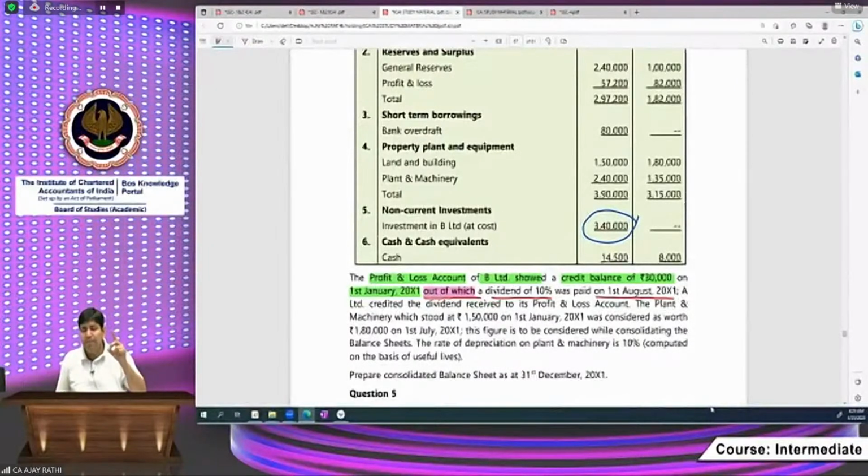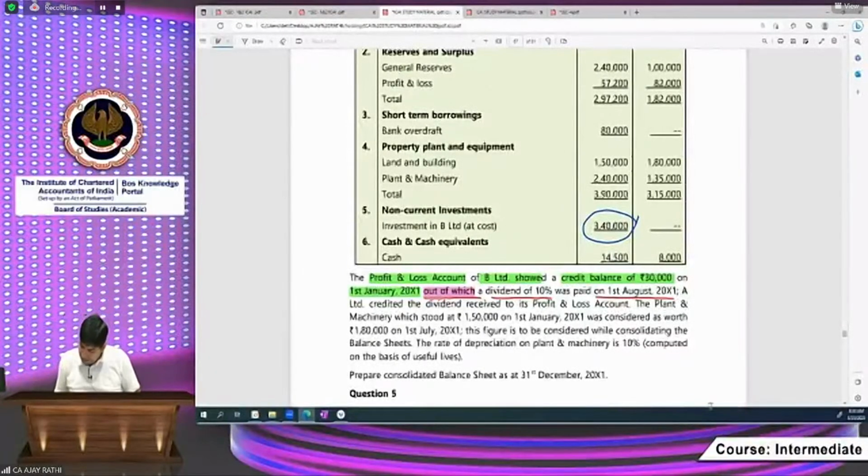The definition of pre-acquisition dividend is: either it belongs to the pre-acquisition period or it is distributed from the profit of pre-acquisition. Here the question clearly says out of which, meaning the profit which belongs to January 1st. So there is no need to check whether it has been paid after the date of acquisition or not. If the question says we are paying out of that, it means we are paying out of pre-acquisition profit. That is another criterion to decide whether it is a pre-acquisition dividend or not.